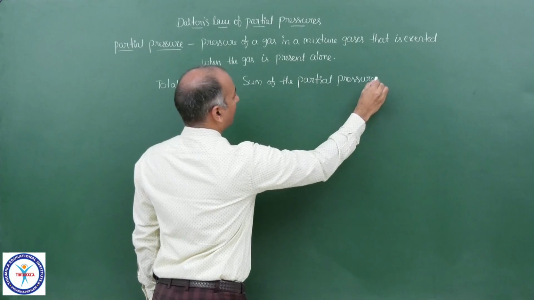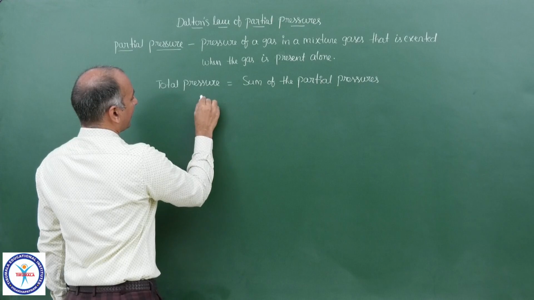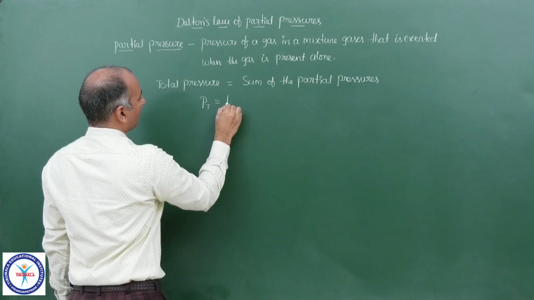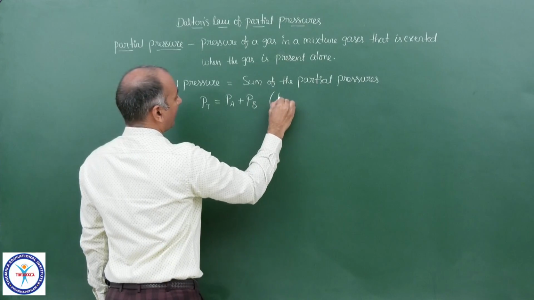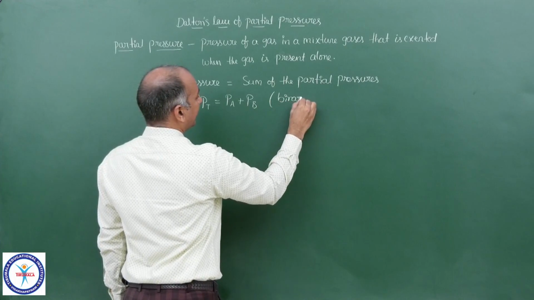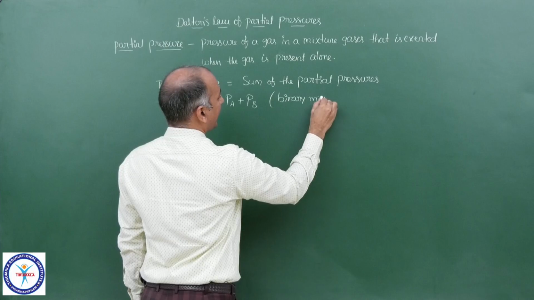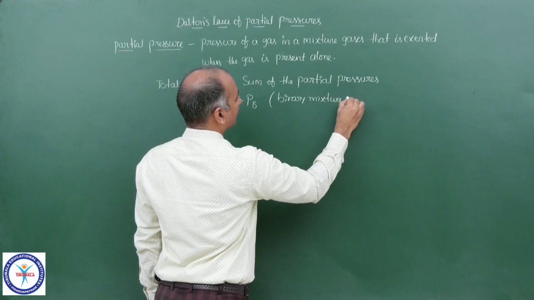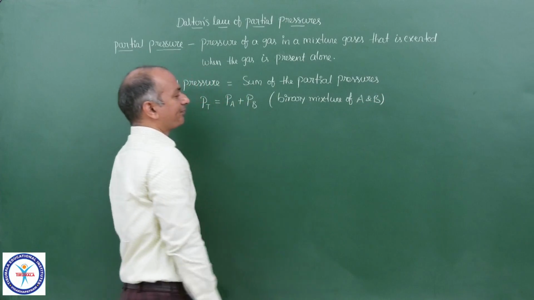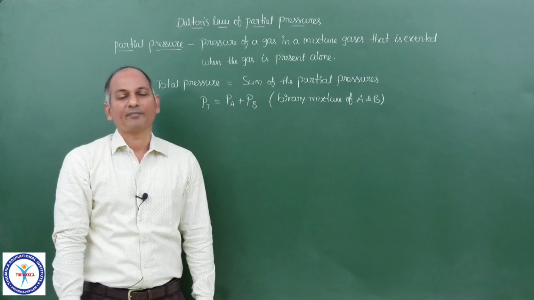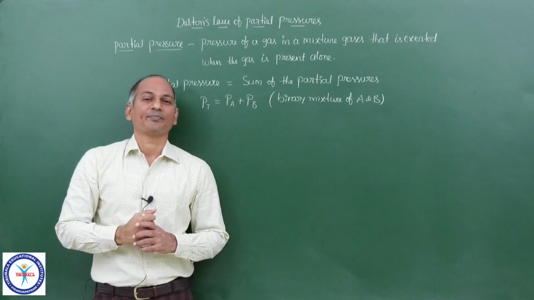Suppose we have a mixture of A and B, then we can write PT is equal to PA plus PB, for a binary mixture of A and B. And this is what is Dalton's law.